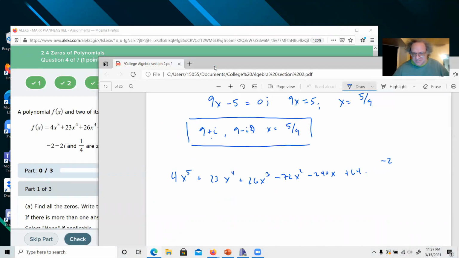All right, and we're given that negative 2 minus 2i and 1/4 are both zeros. I'm going to go after the quarter first, hoping that maybe some of these numbers get a little smaller. We'll hit the imaginary one next because, first off, if the quarter is a zero, we can knock this down to an x to the 4th, so there'll be one fewer term, and that way when we go with the complex one, there'll be a little bit less.